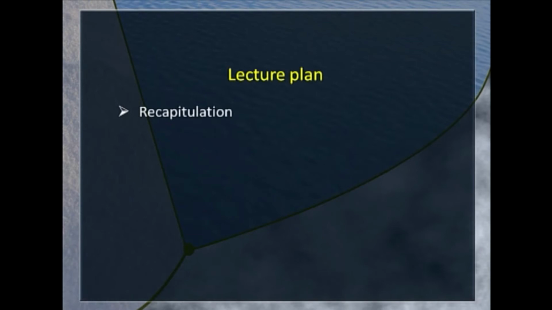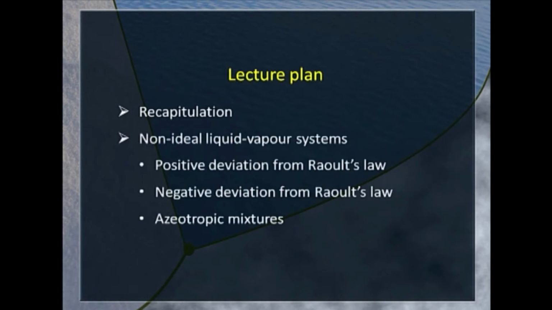In today's lecture, I'll touch upon non-ideal liquid vapor systems, the ones that do not obey Raoult's law, showing both positive and negative deviations, resulting in an interesting feature called azeotropism.